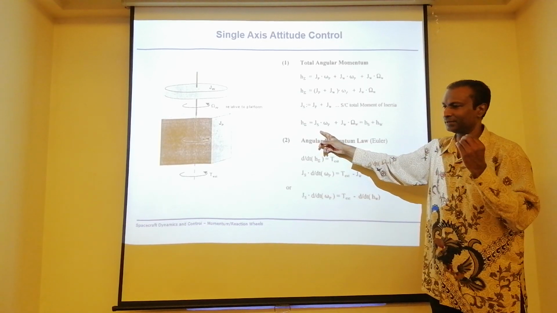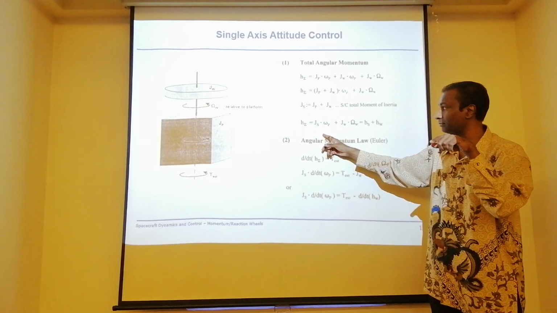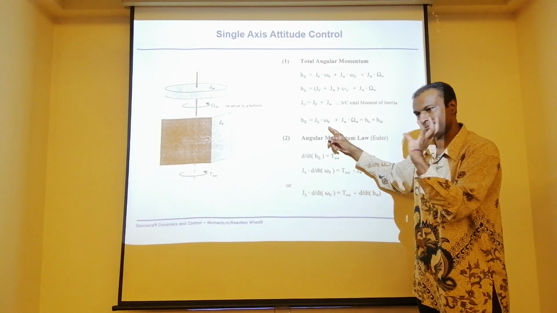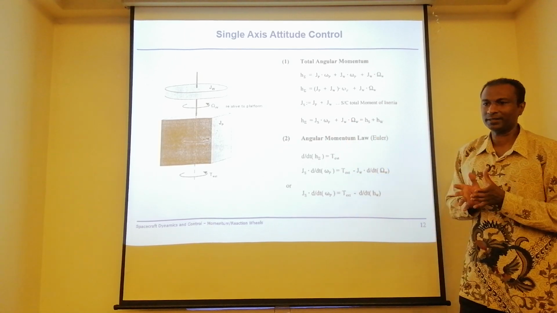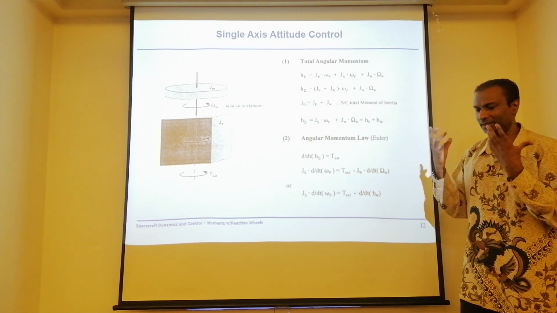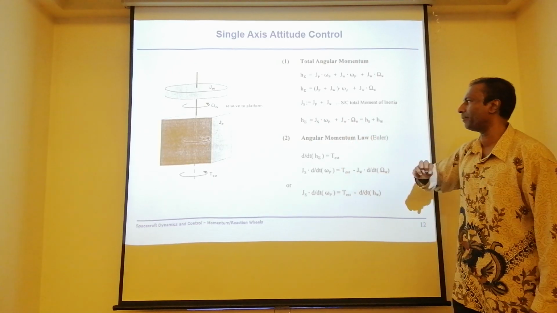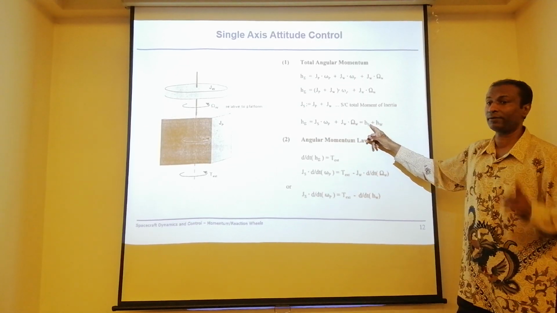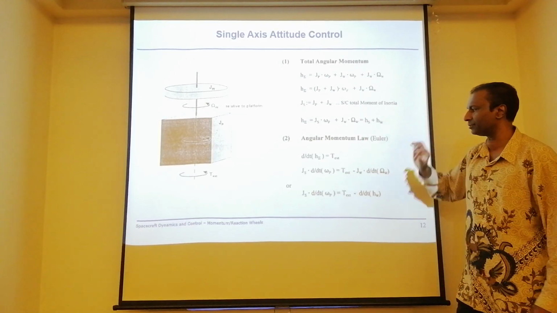The total inertia of the satellite, inclusive of the wheel, times the actual angular velocity of the satellite, which is the platform, plus the angular velocity of the wheel times the inertia of the wheel itself, will be my total angular momentum. The total angular momentum of this system would be the angular momentum of the satellite plus the angular momentum of the wheel, period. Okay, two components.